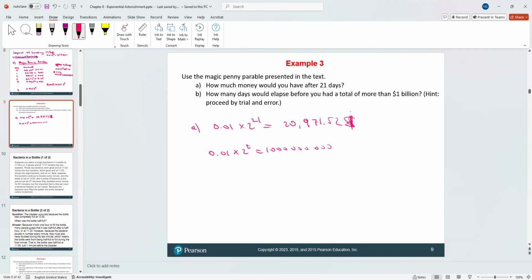Now you can find t using your calculator, but at this point, I believe it would be only 37 days. So please feel free to try it on your own. But to get $1 billion is only 37 days. So it's very important to check this, and hopefully you can do this one that way.